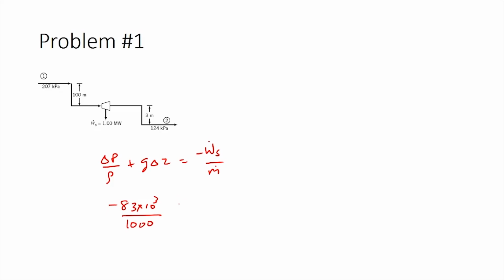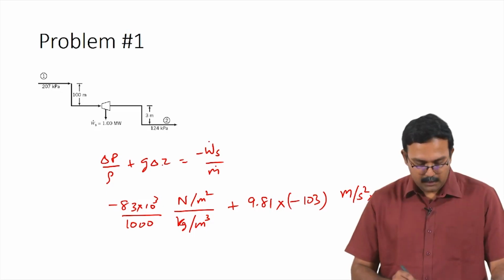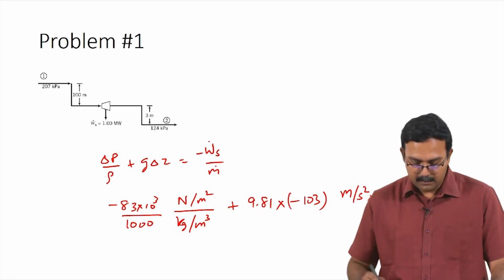So the units would be Newton per meter squared divided by kilograms per meter cube, plus g, which is 9.81 times delta z, which is minus 103. So the units would be meters per second squared times your delta z, which is again meters.